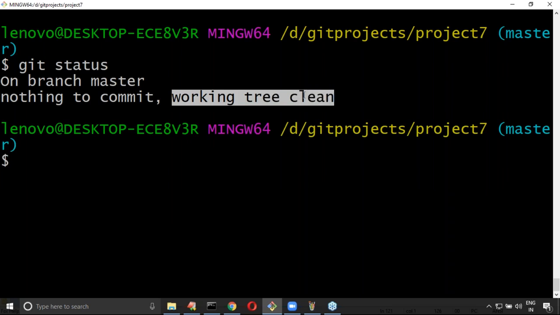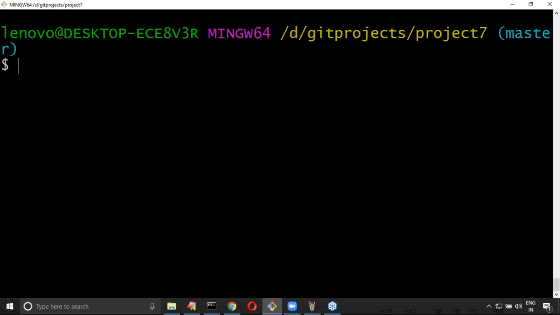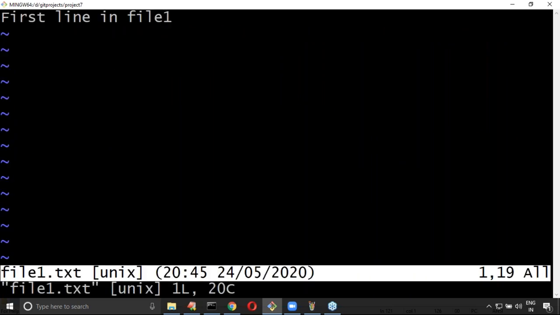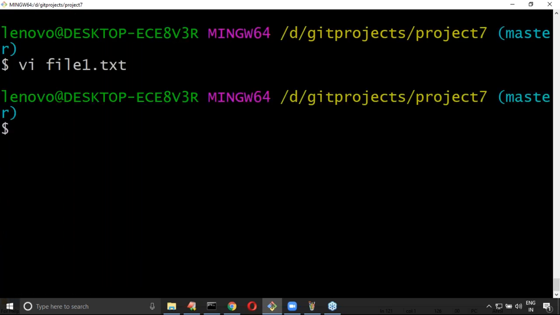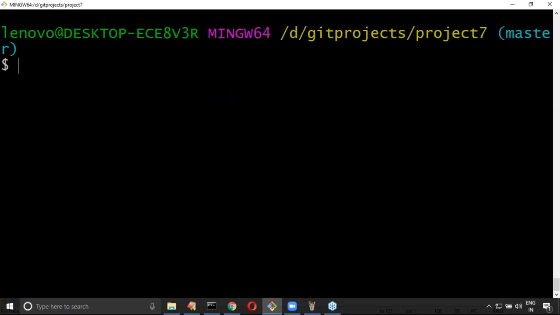Now let me make some changes. Very important. Now observe, to file1.txt, here what I'm trying to take is a second line. Second line in file1. Like I took it. If I use git status, is the working tree clean or not? Please answer.